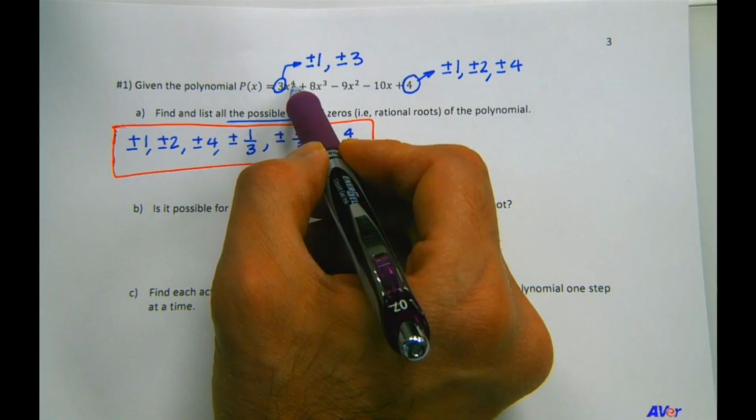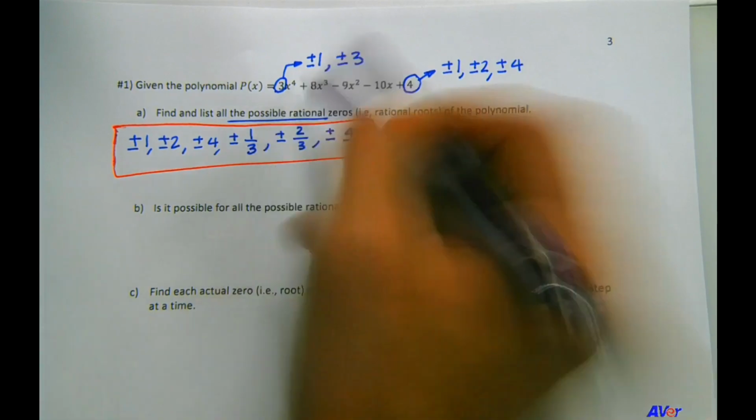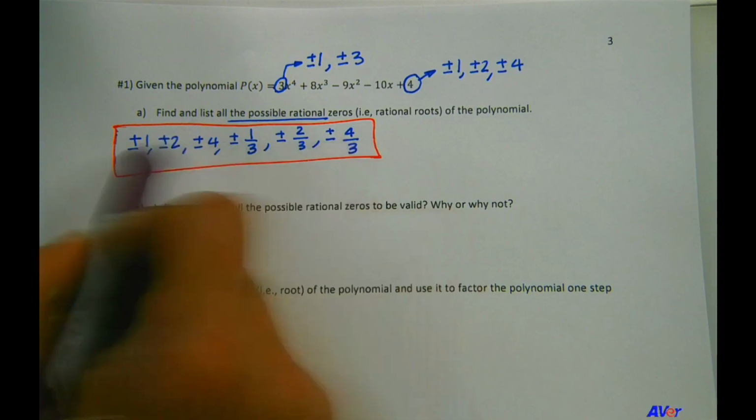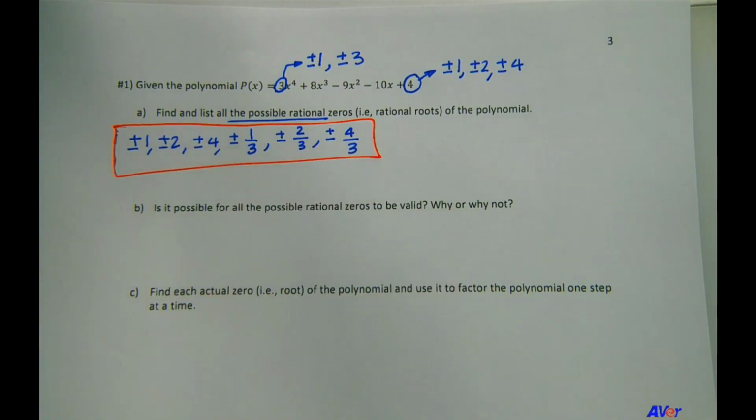It's 4. So the maximum number of rational zeros this polynomial can have is 4. So we already know 8 of these 12 are impossible for us to accept. We cannot have all 12.